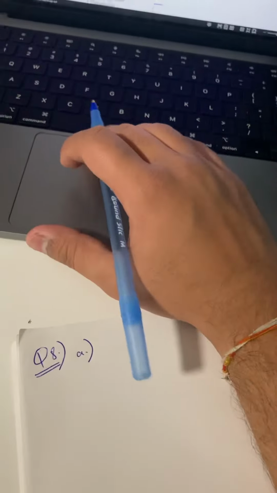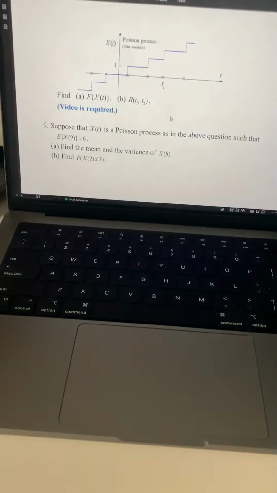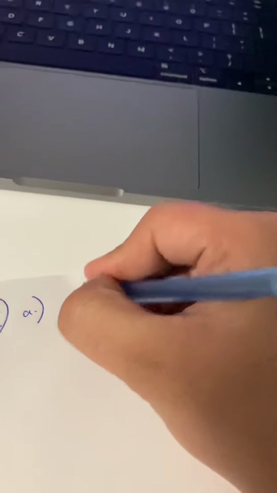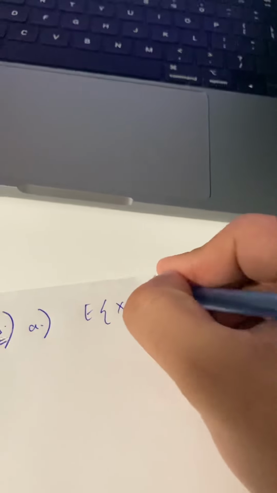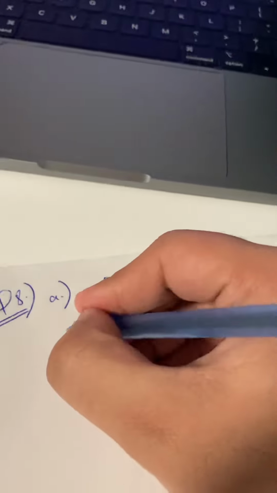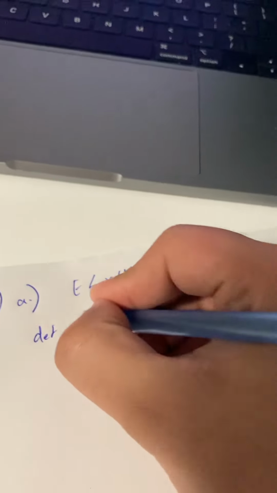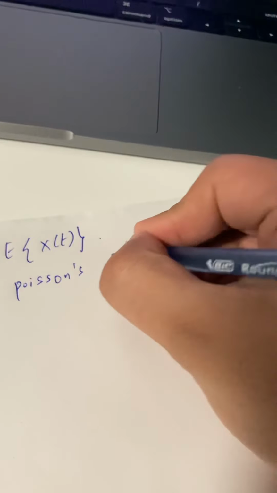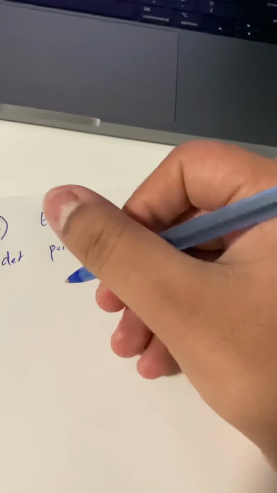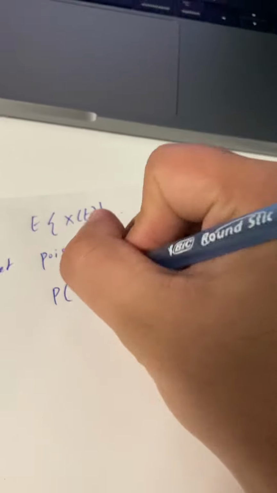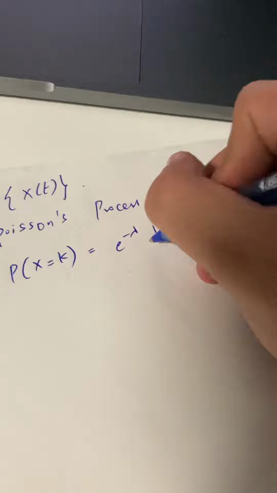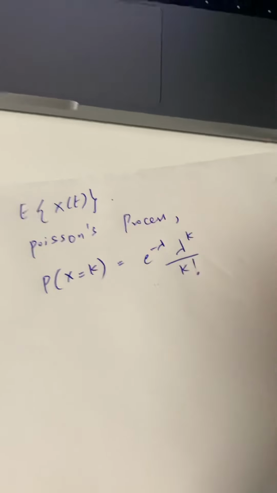In question 8 part A, we are told to calculate the expected value of x of t. From the definition of Poisson's process, we know that P of x equal to k is given as e power minus lambda, lambda power k by k factorial.